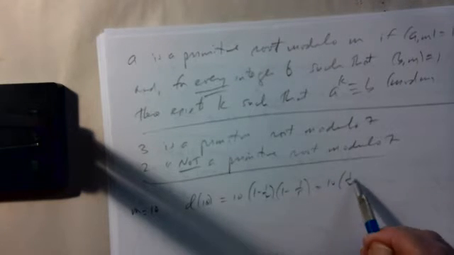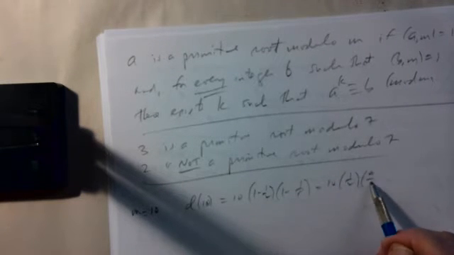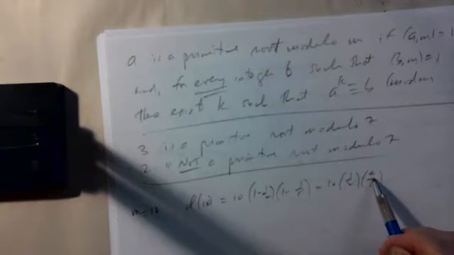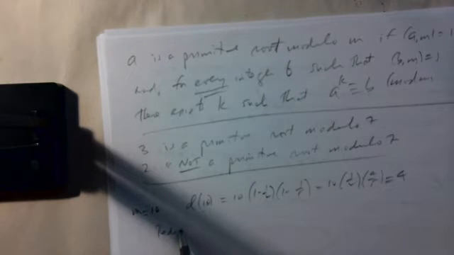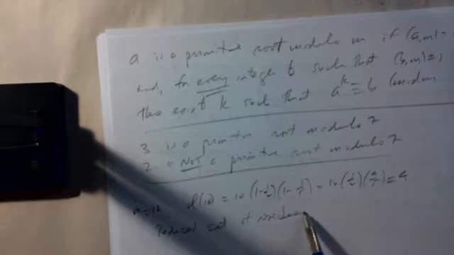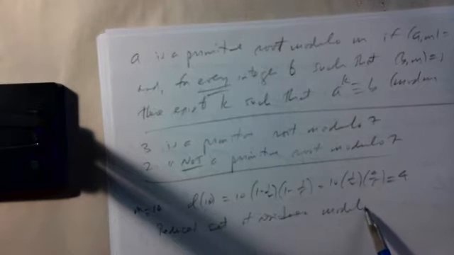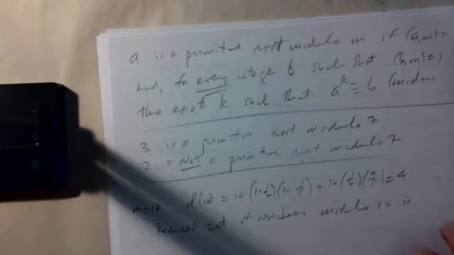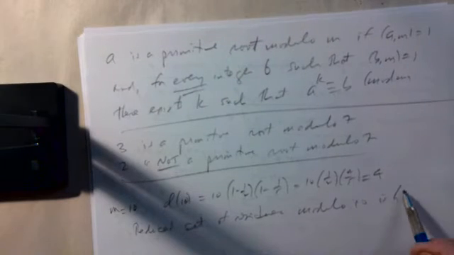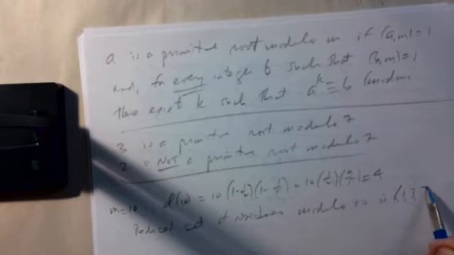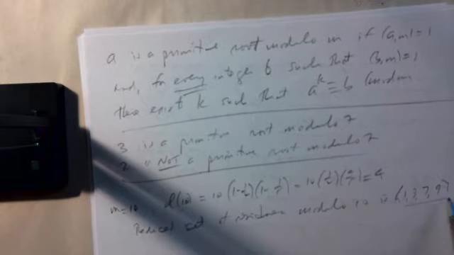That's 10 times a half times 4 fifths, which is 2 fifths times 10, which is 4. And what are the congruence classes relatively prime to 10? So a reduced set of residues modulo 10. What are the numbers from 1 to 10 that are relatively prime to 10? 1, 3, 7, and 9.